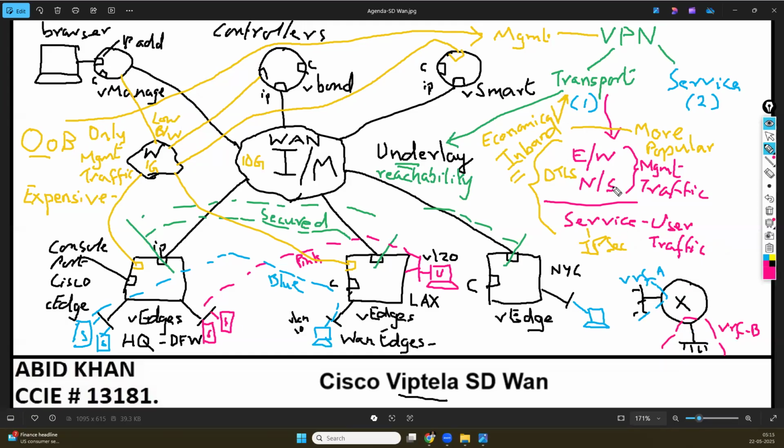So whether it is transport VPN or management VPN, ultimately there are service VPNs. There can be one service VPN, there can be 10 service VPNs. There could be 10 different departments in an organization. So how will the VPNs be identified in Cisco Viptela SD-WAN? They are identified numerically.